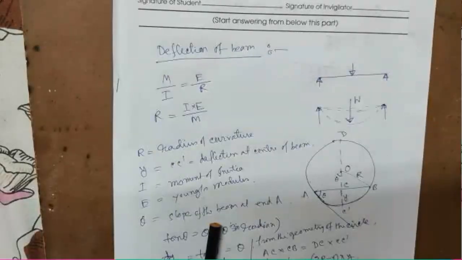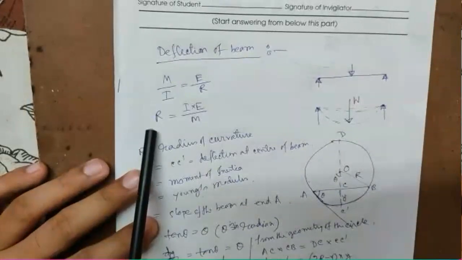So E is the same throughout the beam, and in that case, if the bending moment is constant, then the beam will produce a bend just like an arc of a circle. So for constant bending moment, if M is constant, R is also constant.